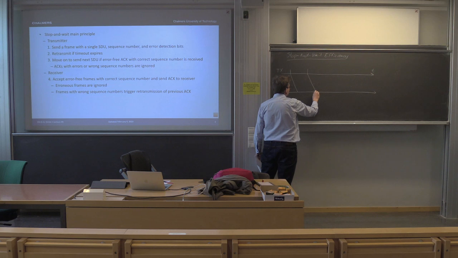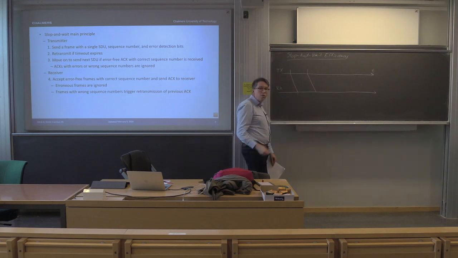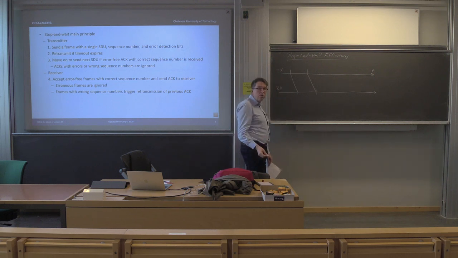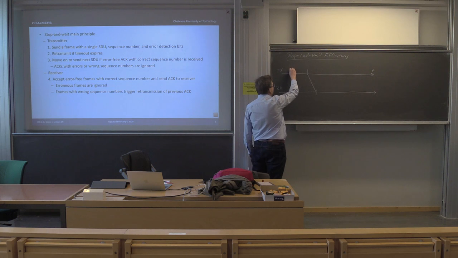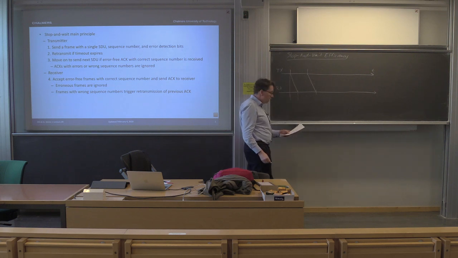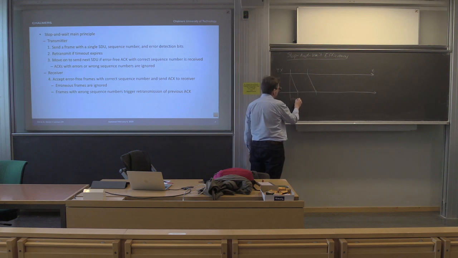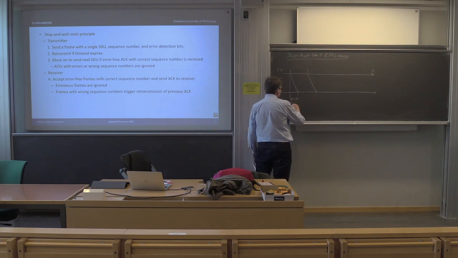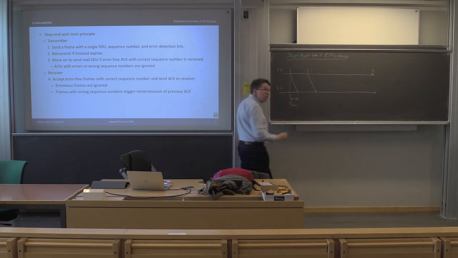So at some point in time, the first bit will arrive at the receiver side, and at some point the last bit will arrive. And the difference between the starting times here is the propagation delay. So this is the propagation delay, and let's denote this by the variable tprop.